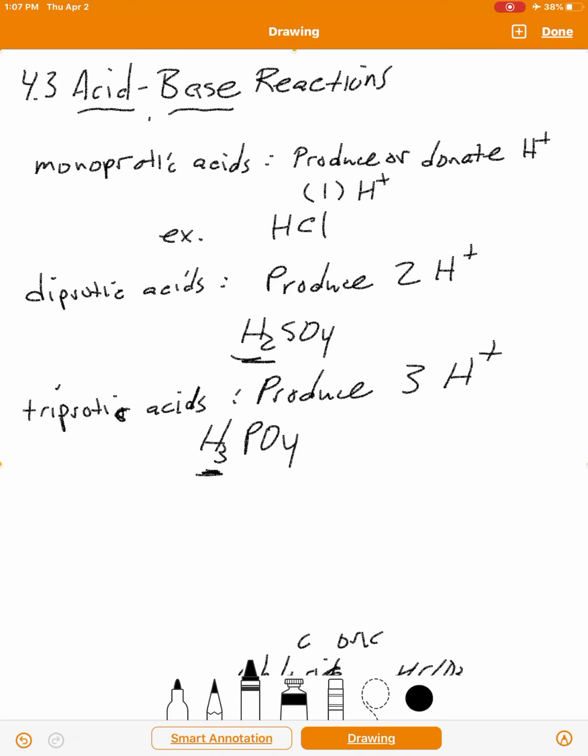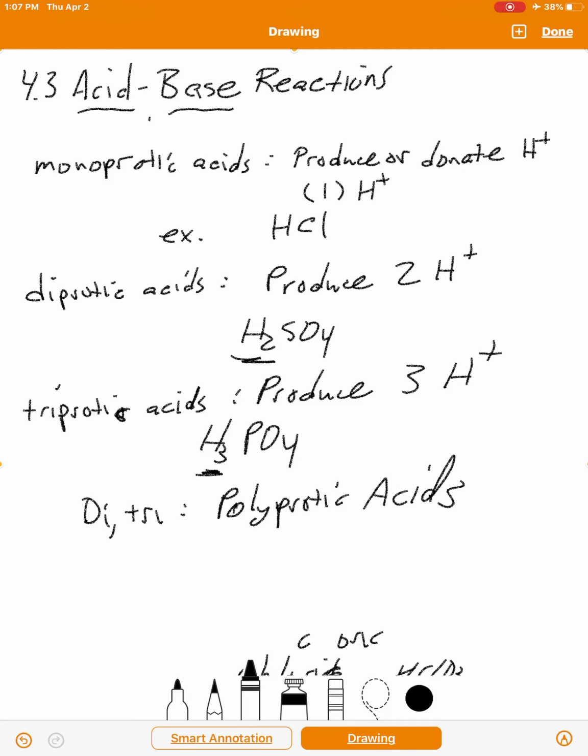It's called phosphoric acid. It has three hydrogens. So in theory, it can produce up to three hydrogen ions in a process. The category of di and triprotic acids, we call polyprotic acids. So we would say that sulfuric acid, H2SO4, is a diprotic or a polyprotic acid, and that phosphoric acid, H3PO4, is a triprotic acid or a polyprotic acid. There are many of them out there in nature.